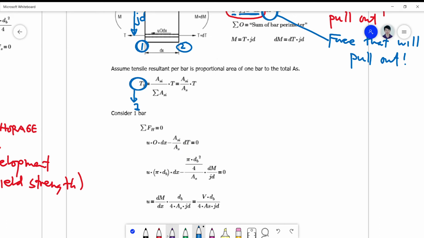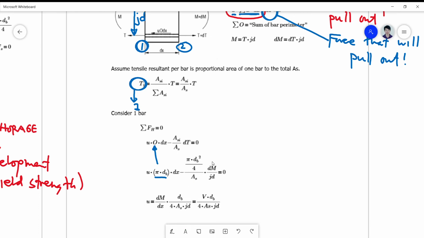Then we can make use of the same u pi db dx, this is the perimeter, O. Then we have the area of one bar times dT is equal to, the area of one bar is pi db squared over 4, divided by the total As, times dM over jd.